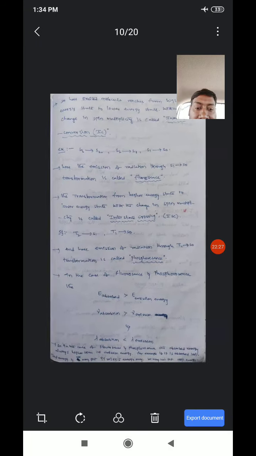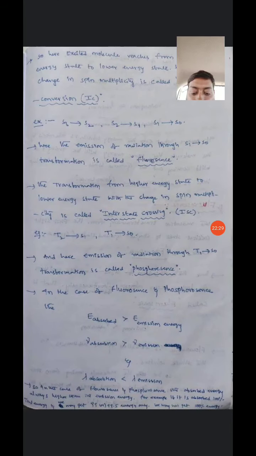For example, if 100% of energy is absorbed, we may get only 99 or 99.5% energy out. We may not get 100% energy.